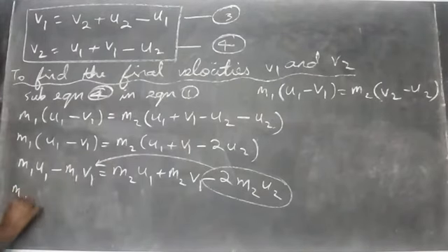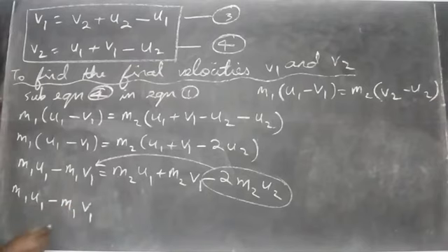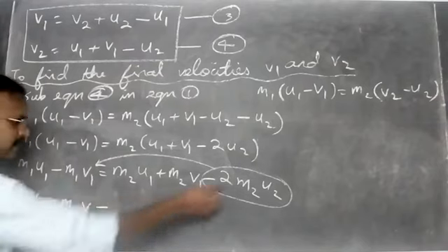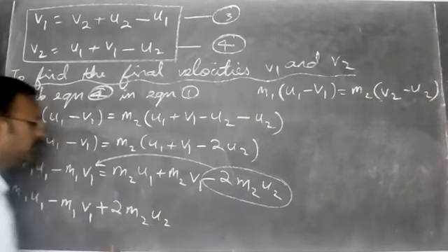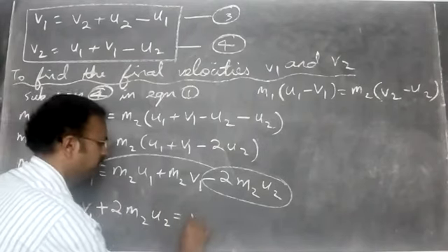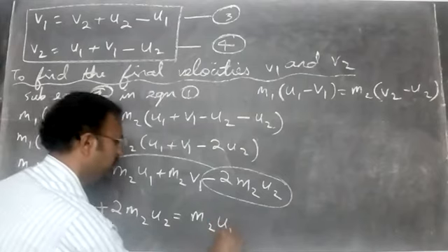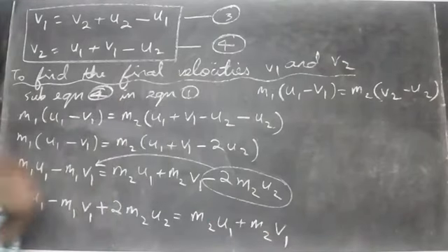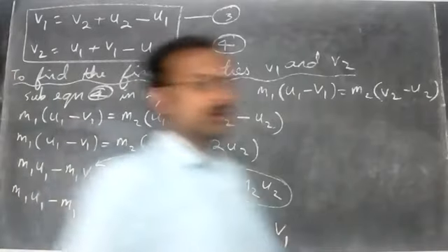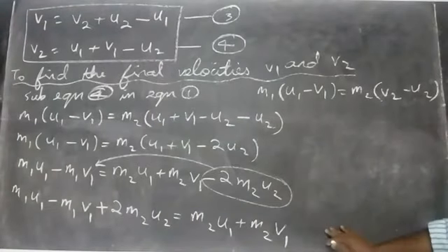So m1 u1 minus m1 v1 plus 2 m2 u2 is equal to m2 u1 plus m2 v1. Note this down.